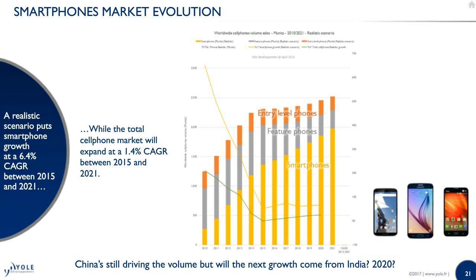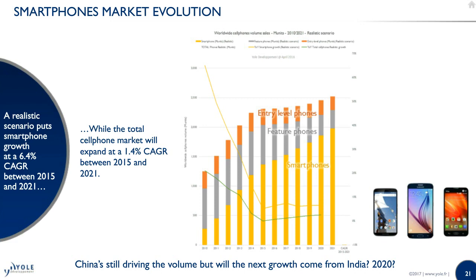So of course today China is really driving the volume of these systems, and in the future, what could be the next growth relay? People talk about India a lot. So this could come, for example, by the year 2020. But what is for certain is that China has been very successful in creating an ecosystem to really serve their local domestic markets.